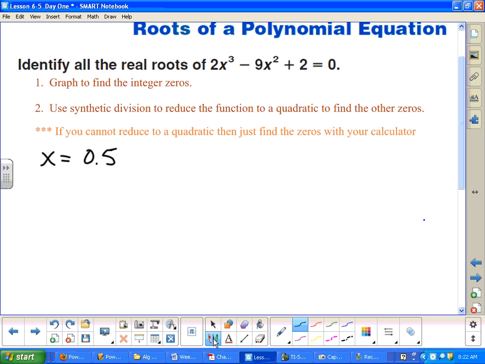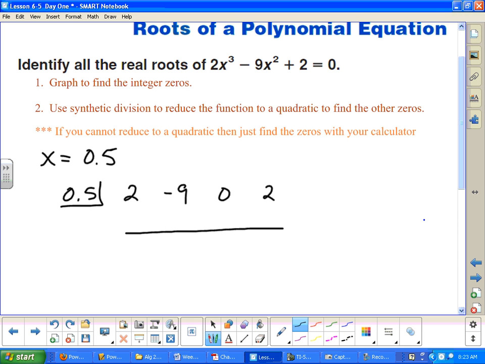All right, so we're going to use synthetic division with 0.5 here, because that's our zero. Make sure you put a 0 in because there's no x term.